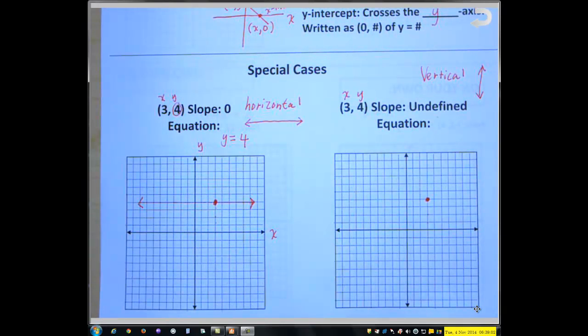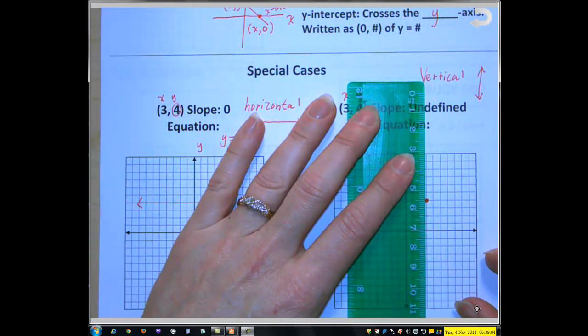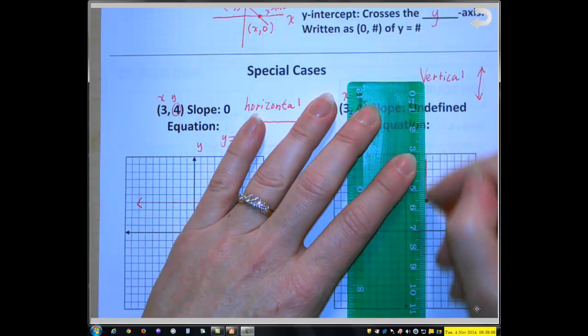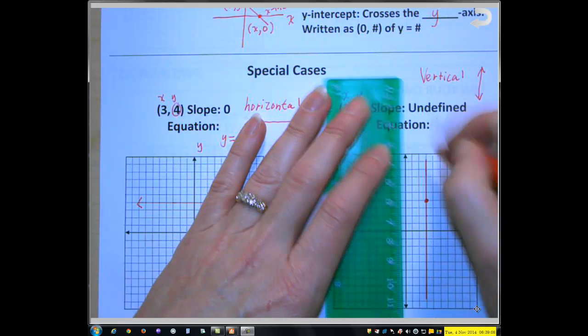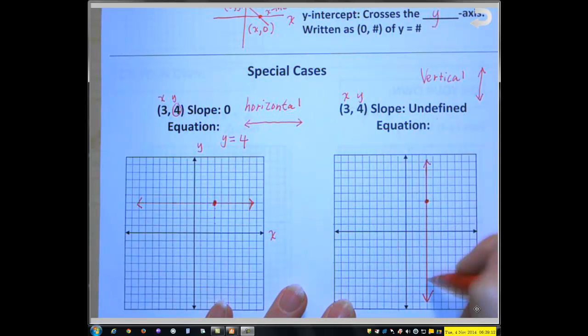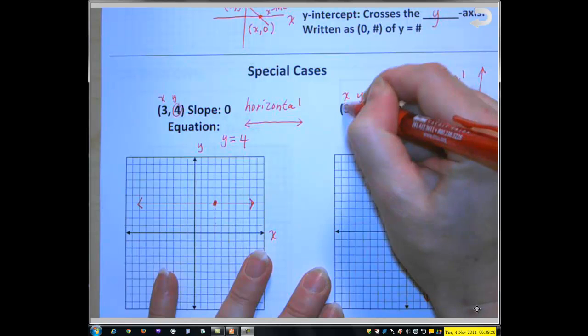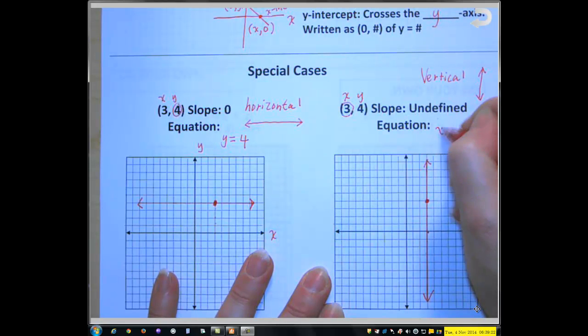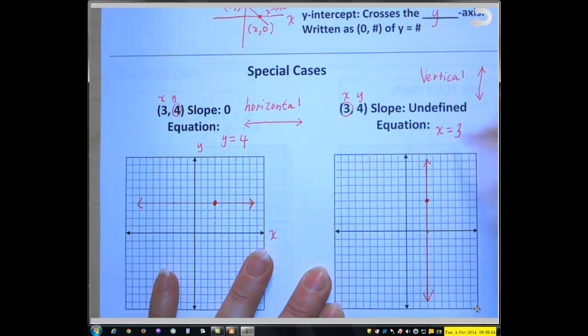So we're going to draw a line that goes straight up and down through this point. And we know that along this line, the x-coordinate is always the same. The x-coordinate of every point on this line is going to be 3. So the equation of the line is x equals 3.